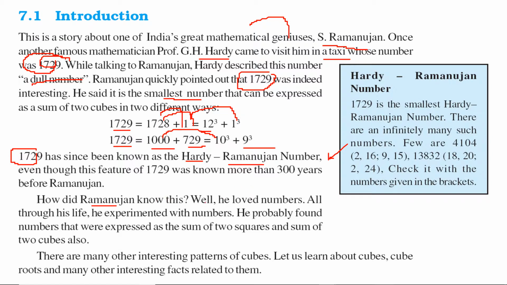Because he played with numbers, he loved numbers, and he experimented with numbers, right? So he found out that the sum of two squares and sum of two cubes, the numbers can be expressed like that. And there are various other patterns we are going to talk about which are related to the cubes. Okay.